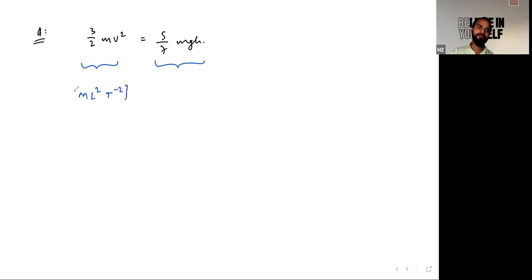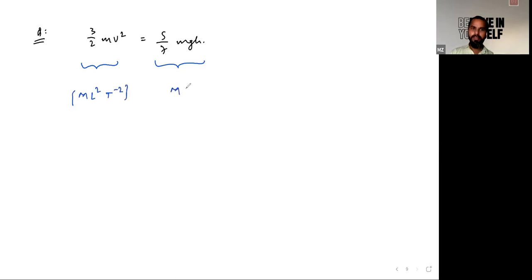Now I'm defining you on this particular basis. Let's say if you have 3 by 2 m times v square, which is equals to 5 by 7 mgh. I'm just defining any equation like this. So if you calculate the dimension formula of this and dimension formula for this, it will give you M L squared T minus 2.